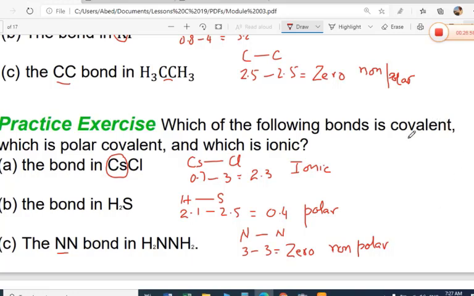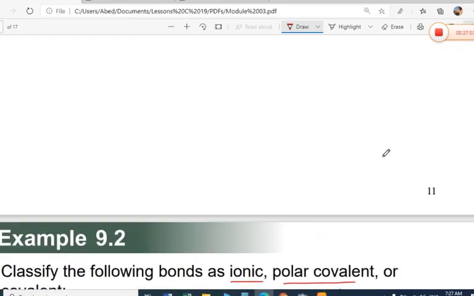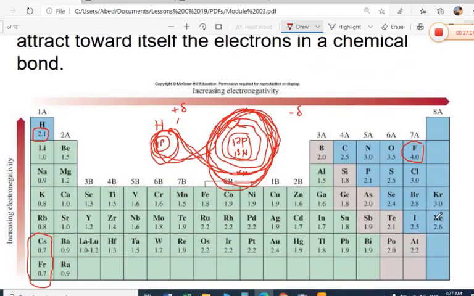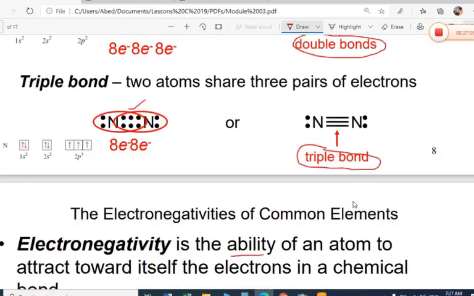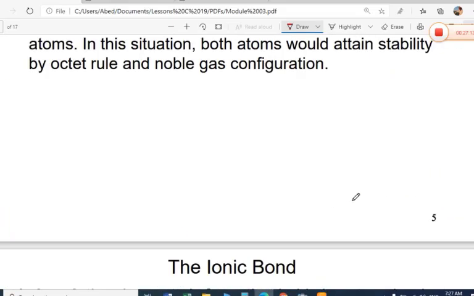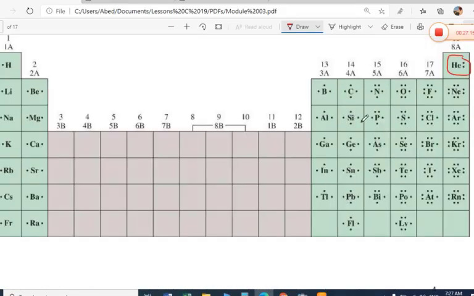So let me tell you the last thing, that two types of questions can come. One question is to write the Lewis dot symbol. The complete chart is given here. You can see this complete chart. From here you can write the answer directly, or you will memorize it, that this is 1, 2, 3, 4, 7 electrons.